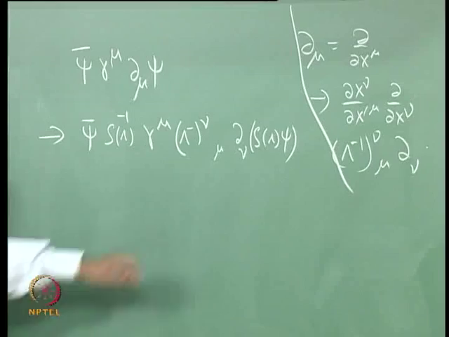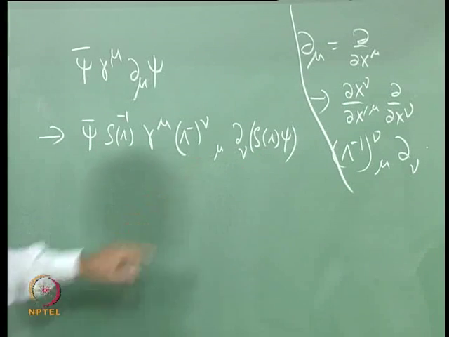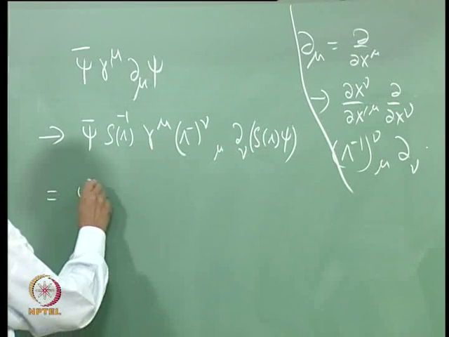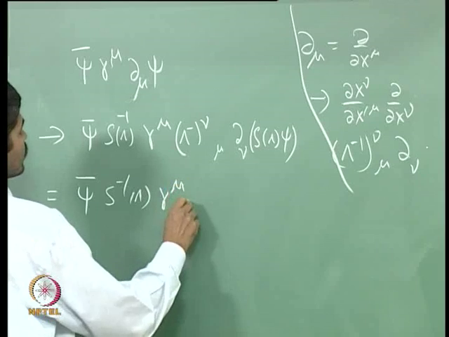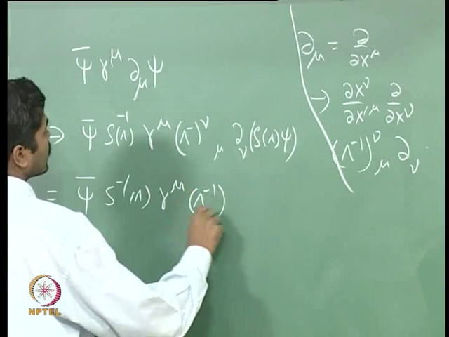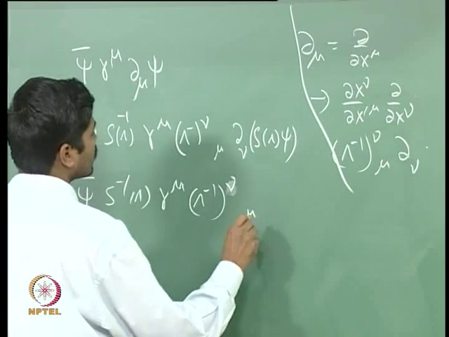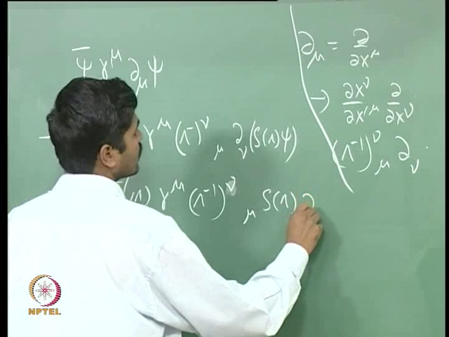Okay. But S of lambda does not depend on space time, so I can just pull it out. What I get is psi bar S inverse lambda gamma mu lambda inverse nu mu and S of lambda del nu psi.